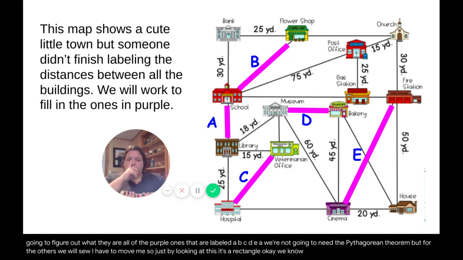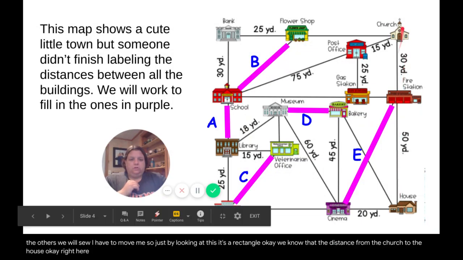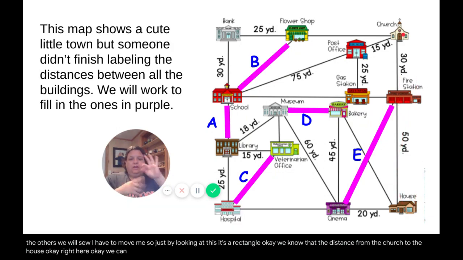So we know that the distance from the church to the house, right here, we can find by adding 30 yards and 50 yards.